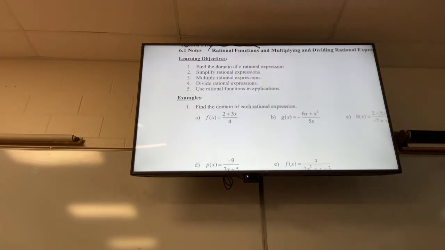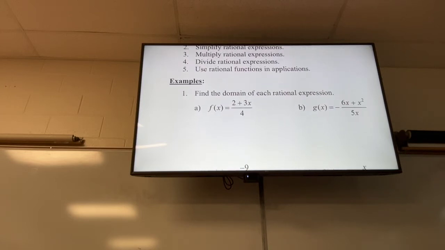So the first thing we're going to talk about is the domain of a rational function. Does anyone remember what domain is? Yeah, it's all the x values that you are indeed capable of plugging into a function.